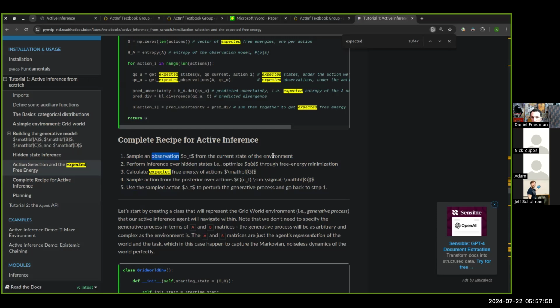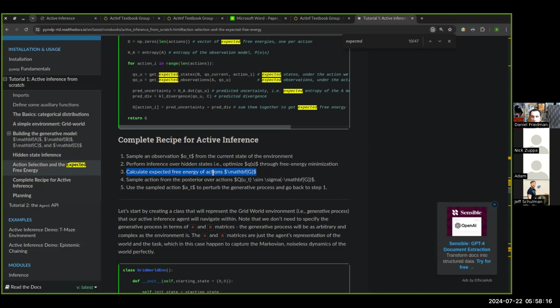Observation, sampled from the environment. Move that observation into the hidden states through the A matrix, through variational free energy minimization. Like, what should I believe about temperature given this thermometer observation and my prior? Equation 2.5. Calculate the expected free energy of actions. Equation 2.6.